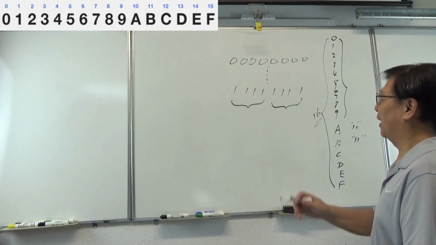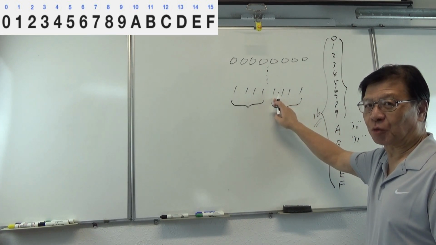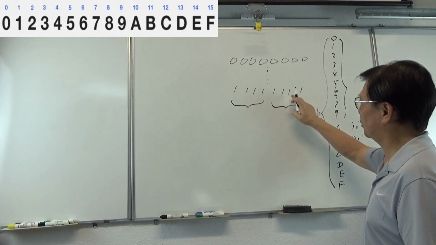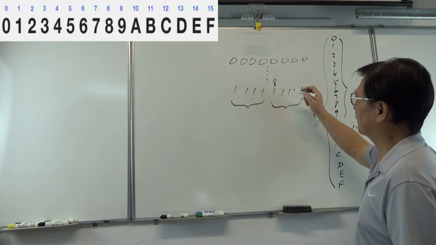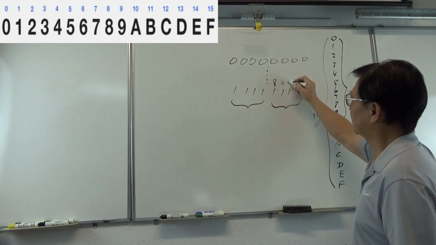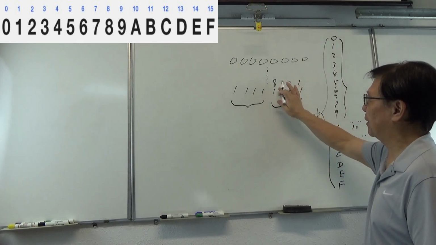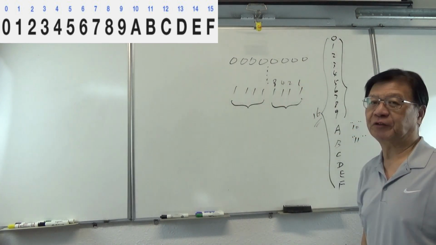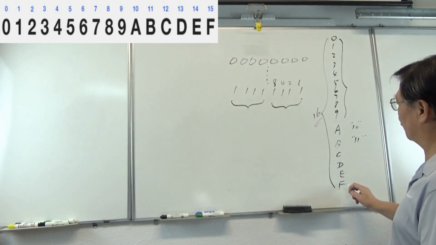Got it? Now, 1, 1, 1, 1 is what? 1 plus 2 plus 4 plus 8. That's 8 in decimal, that's a 4, that's a 2, that's a 1. So 1 plus 2 is 3, 3 plus 4 is 7, 7 plus 8 is 15. That's 15. So 15, that means what?